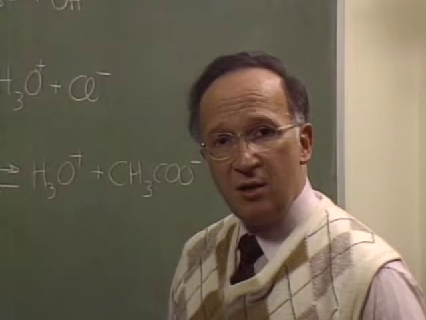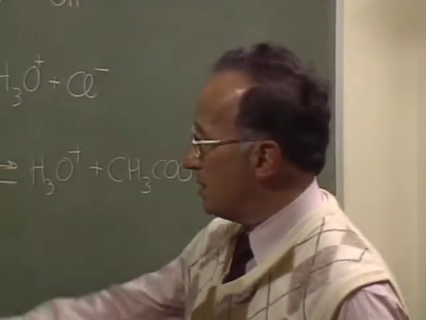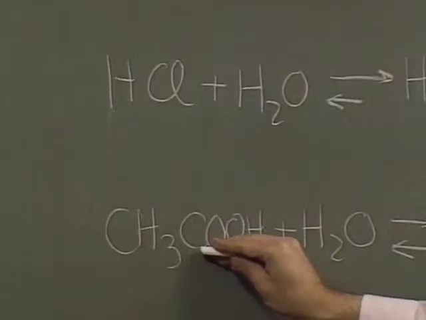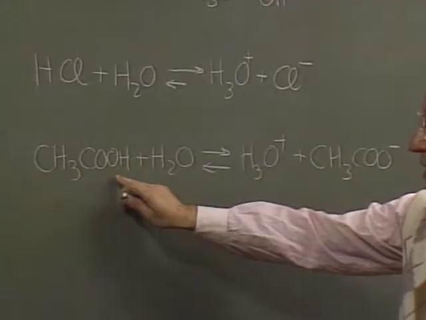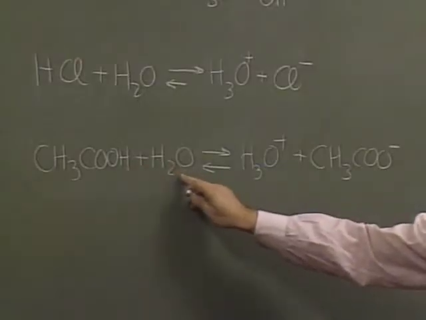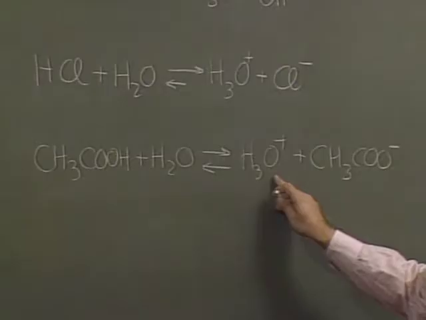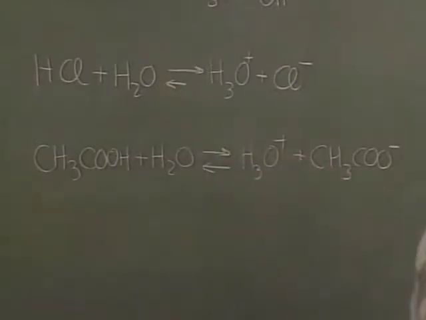And if instead of a strong acid we were to add a weak acid, say acetic acid, that's what CH3COOH is, that weak acid would also transfer a proton to the water solution to give hydronium ions, but it would do so much less effectively than the strong acid HCl.